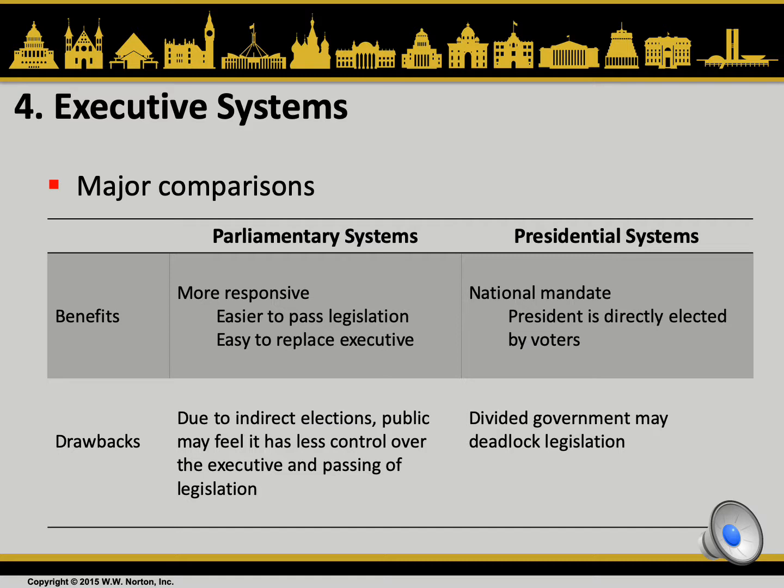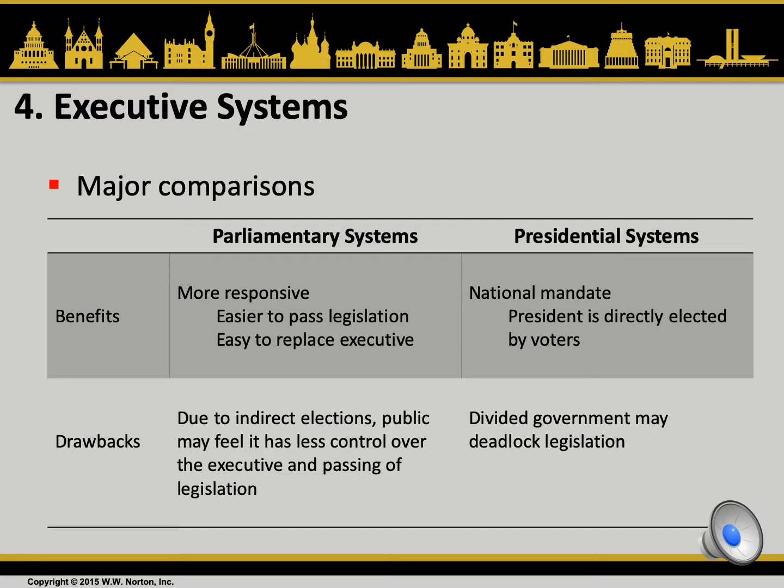And also, as a benefit for the parliamentary system, as we already discussed, it's easier to replace the executive. In the presidential system, because the voters directly elect the chief executive, the president in this case, there's more of a national mandate and approval, more of a firm commitment, if you will, between the voters and the chief executive.